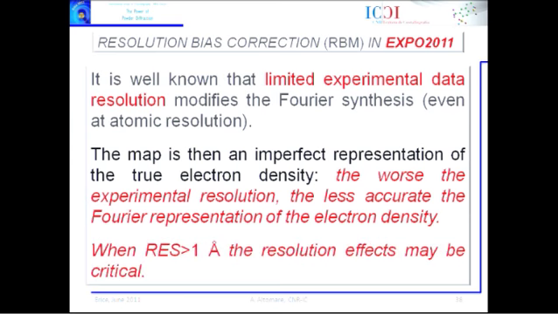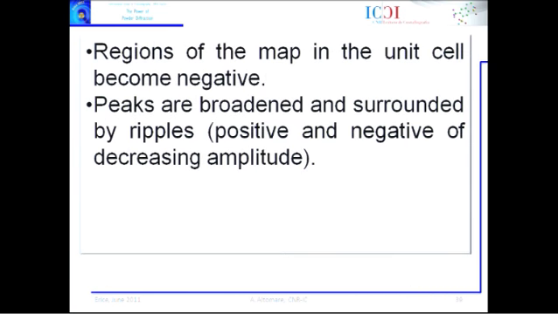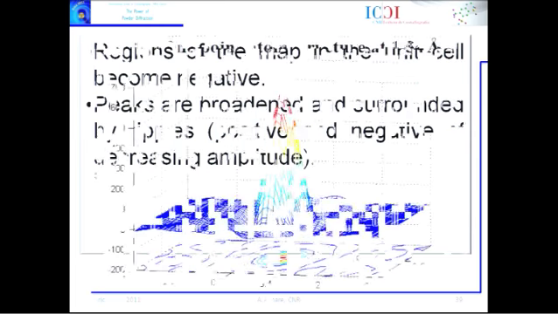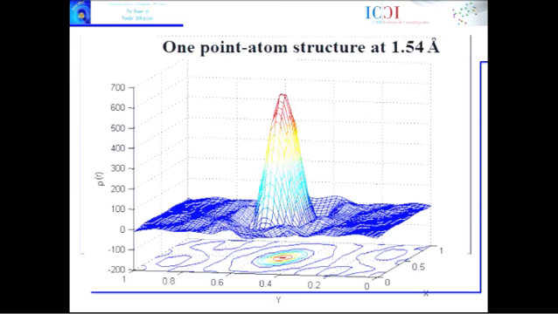And the problems are very critical when the experimental resolution is much larger than 1 angstrom. In fact, some regions of the electron density map become negative, and peaks are broadened and surrounded by ripples. I show you an example of an electron density map calculated at the experimental resolution of 1.54.